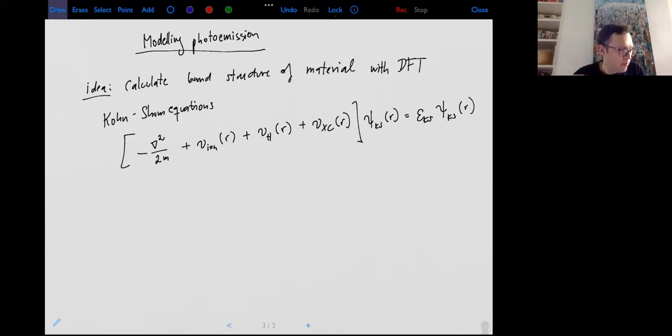And basically, if you make a plot of these Kohn-Sham energies as a function of the crystal momentum, you can make a graph of a band structure. Now, we know that, as I said before, DFT is an extremely useful theory. You can calculate a lot of different things with it.